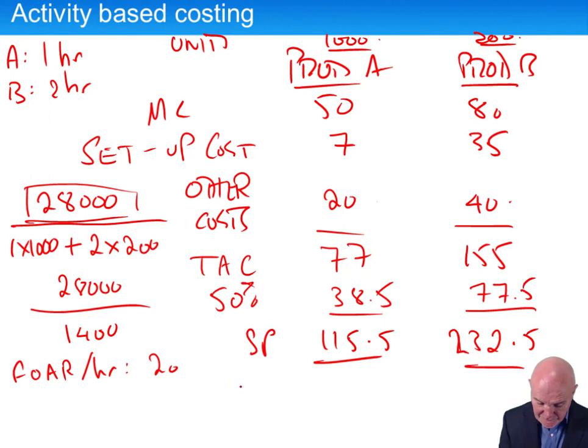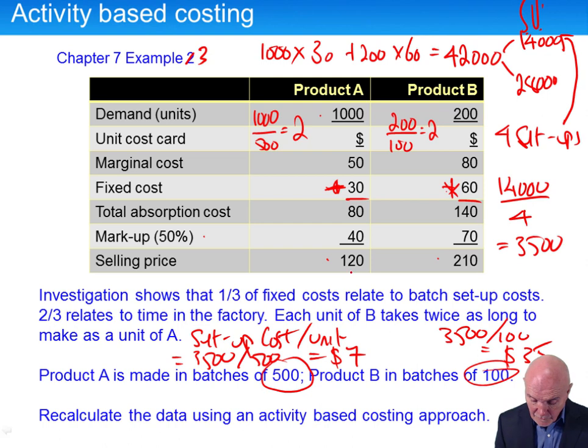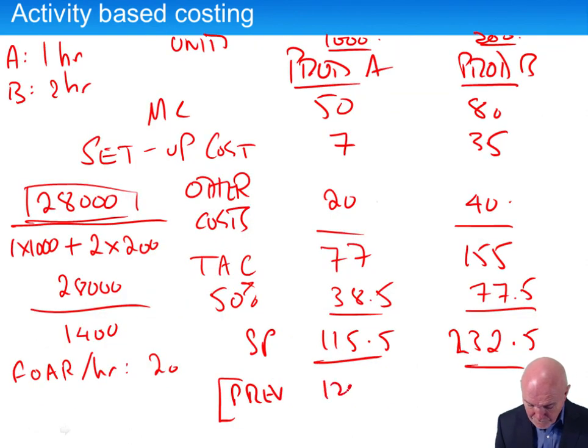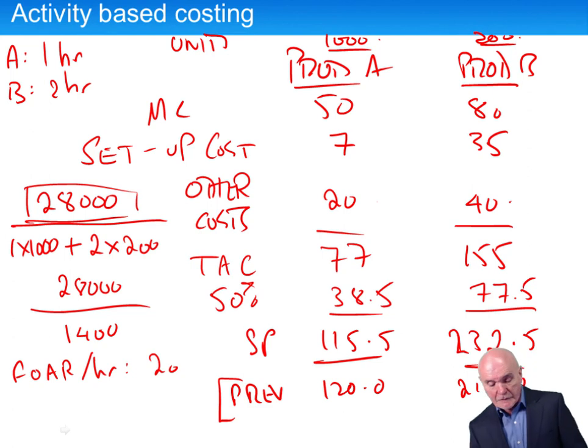Remember the previous costs and selling prices, the previous selling prices which we had for these two products, 120 and 210. So this is the way we've moved.